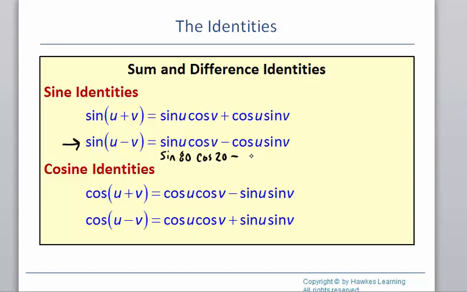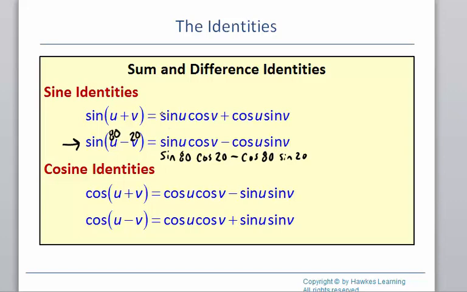And then they said minus cosine 80 sine 20. So you can see that it's an exact match to the formula, except that our u value is 80 and our v value is 20.